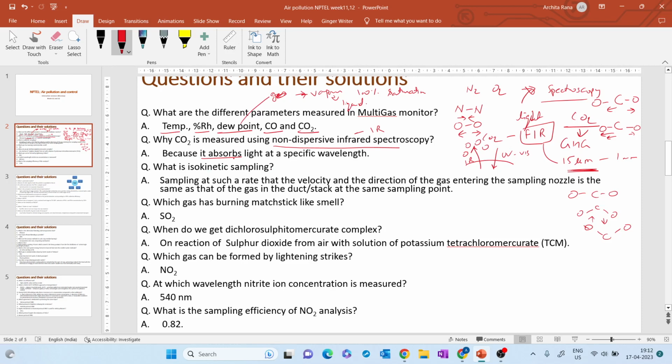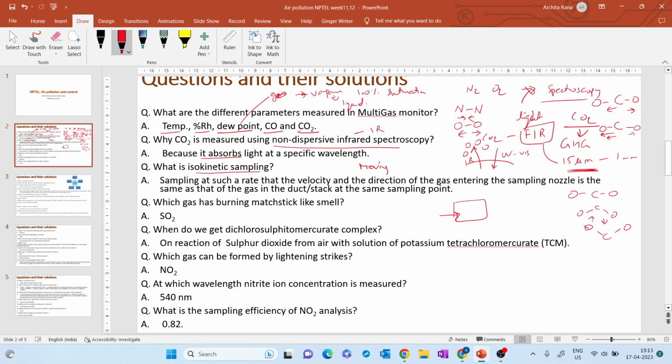So I think this again is a principle that is used in some of the gas analyzers. Now, what do we understand by this term, isokinetic sampling? Kinetic or kinesis is a term which is used for motion, or something which is moving. So when I say isokinetic sampling, it means that in a gas analyzer, let's say a gas is entering.